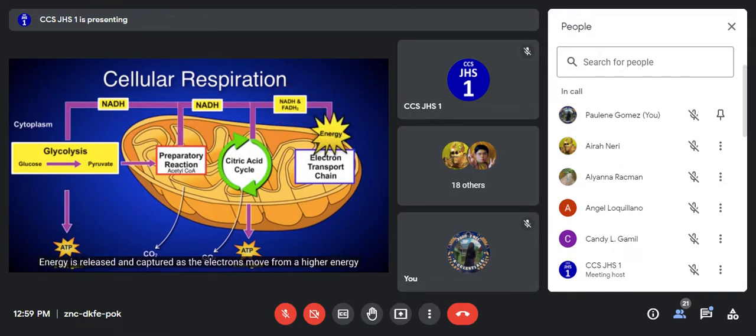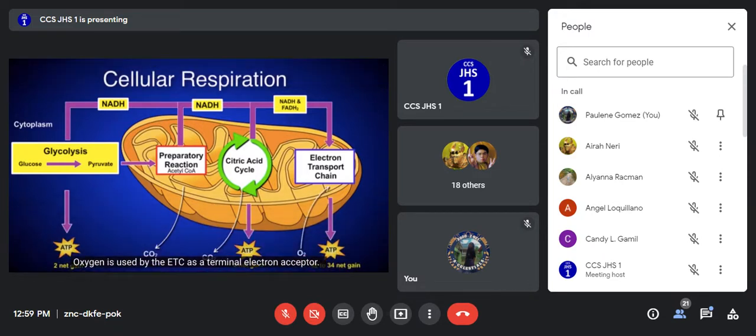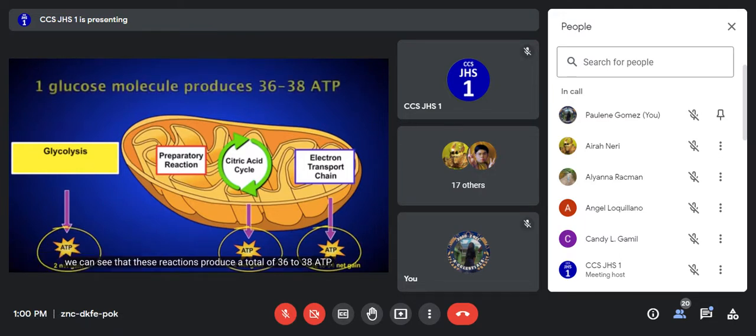Energy is released and captured as the electrons move from a higher energy to a lower energy state using a series of proteins embedded in the membranes of the mitochondrion. Later, this energy will be used for the production of ATP, typically 32 to 34 per initial glucose. Oxygen is used by the ETC as a terminal electron acceptor. It then combines with hydrogen ions to produce water. If we add up all the ATP produced from just one glucose molecule, we can see that these reactions produce a total of 36 to 38 ATP.